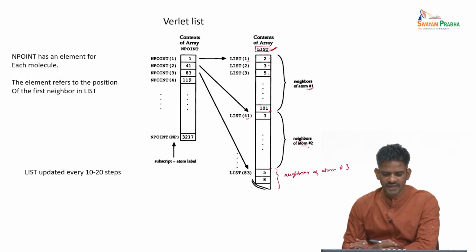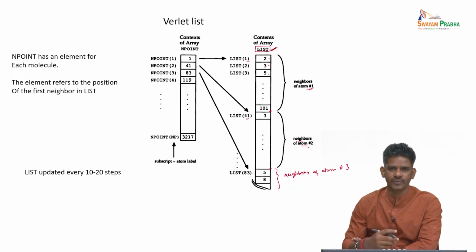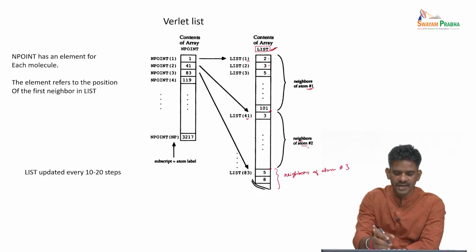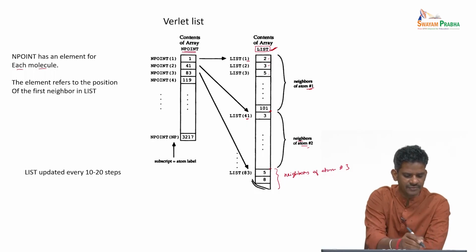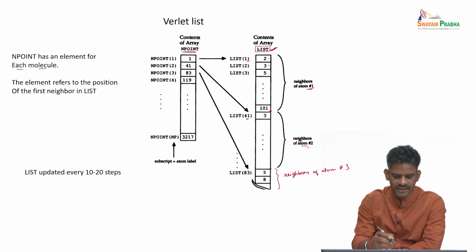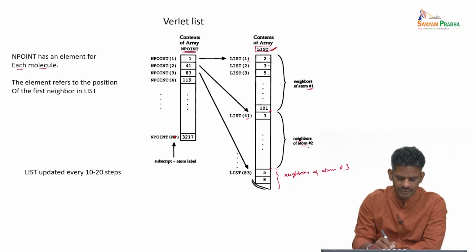Then whenever we want to do the force calculation and we want to iterate over all particles and their neighbors, we need an additional array called endpoint, and this endpoint array has an element for each molecule in the system, or each atom in the system. Okay, so you can see that endpoint 1, 2, 3, 4, it goes all the way up to n.